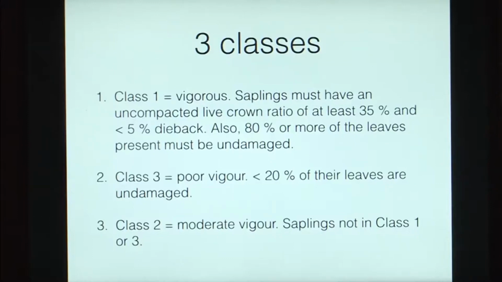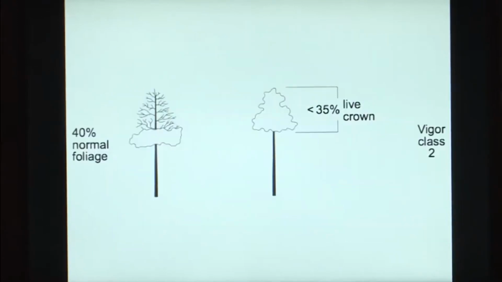Any saplings that are not in class 1 or class 3 are put into class 2. Why is that so? Because it is easier to distinguish class 1 saplings and class 3 saplings. So, anything that does not form class 1 or class 3 gets into class 2. Here we have some examples of class 2. In this case we have, suppose, 40% normal foliage.